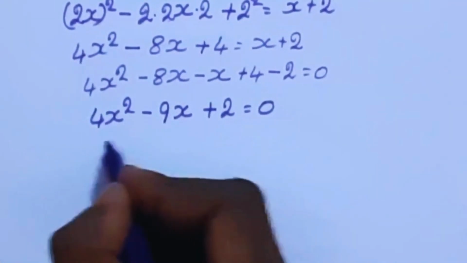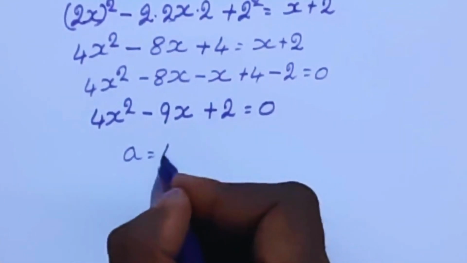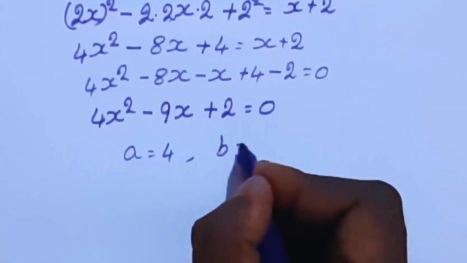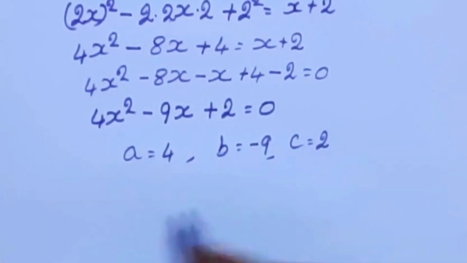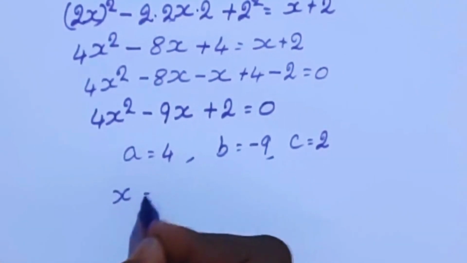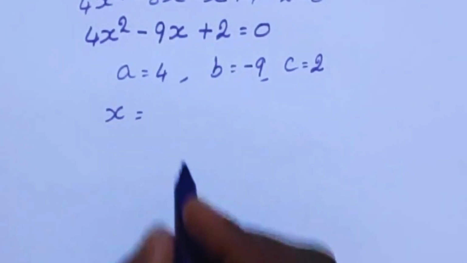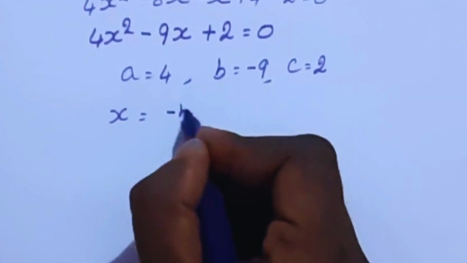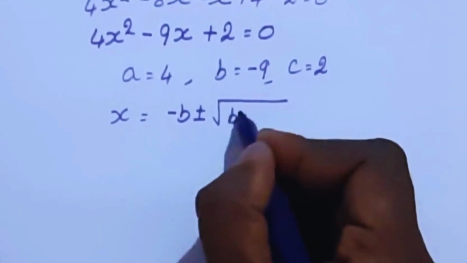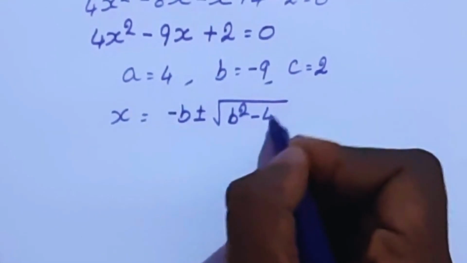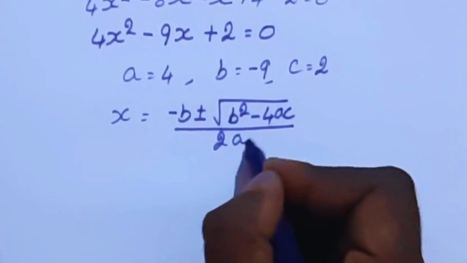Now we are going to apply this quadratic equation. So here a equal to 4, b equal to minus 9, c equal to 2. So x equal to minus b plus or minus square root of b square minus 4ac by 2a.